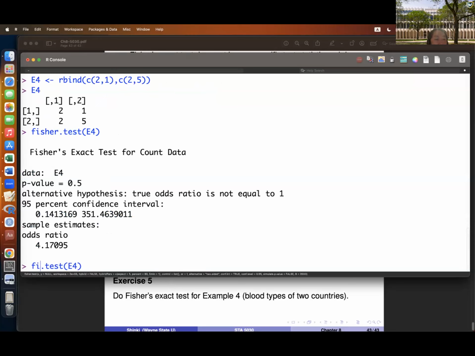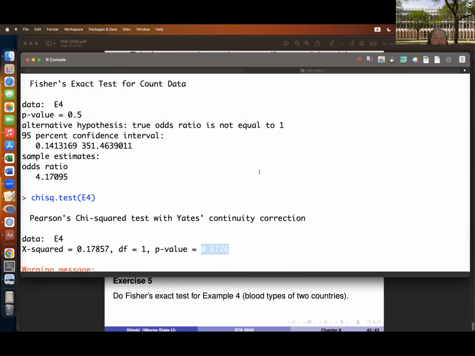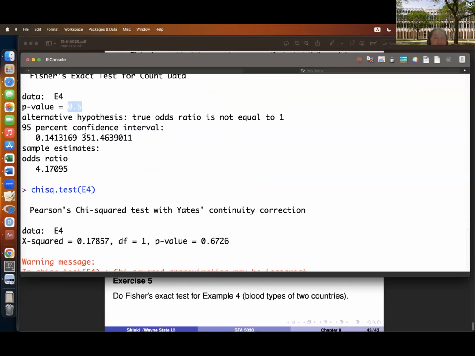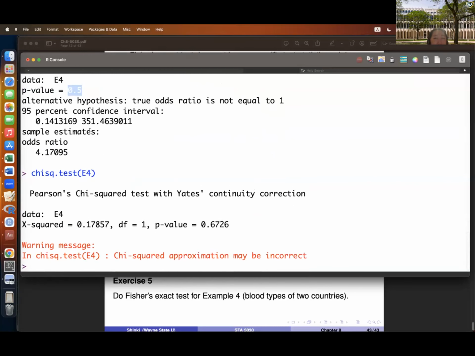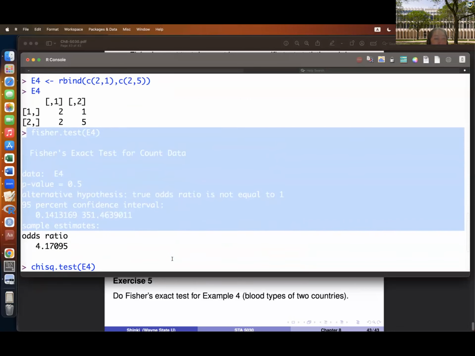How about chi-square? We get 0.67. Anyway, this is not significant at all, so it doesn't really matter. But in some cases, it's certainly on the boundary, like 0.1 or 0.05. In this case, I recommend you use Fisher's exact test.